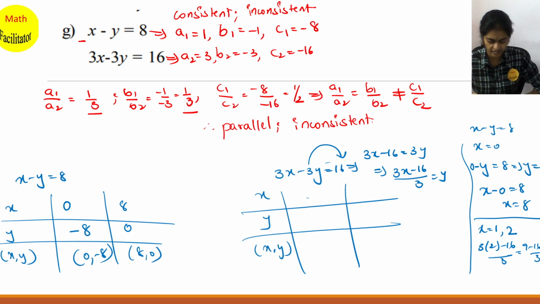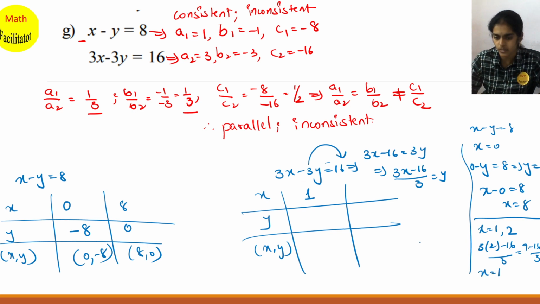So if we are substituting x equal to 1 in this equation, just substitute and see, you will get 3 into 1 minus 3y equal to 16. 16 minus 3 will be 13, so y will be minus 13 upon 3. So minus 13 upon 3 is which point? It will be minus 4 point something. Okay, so you can take this point minus 13 upon 3.